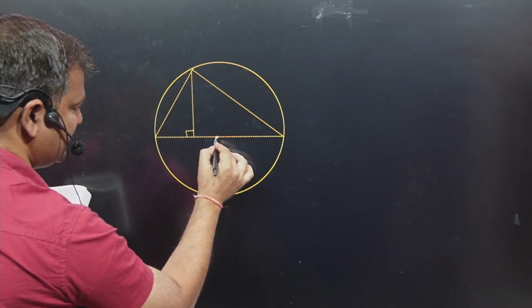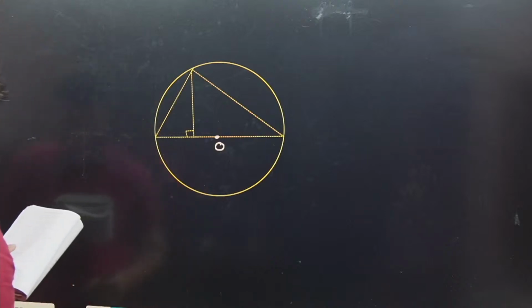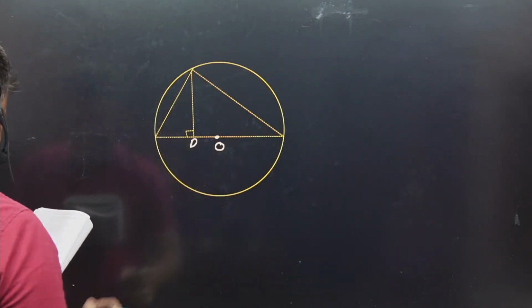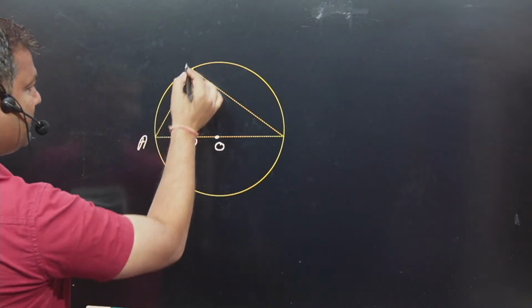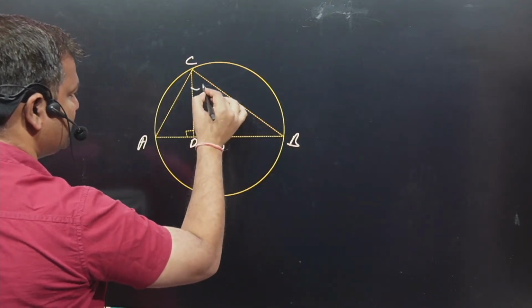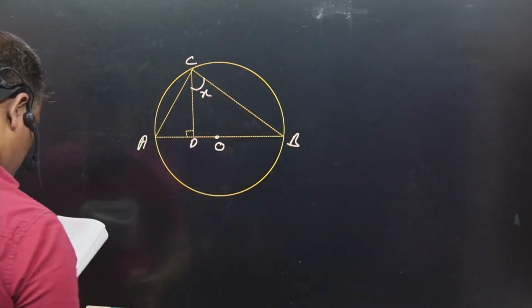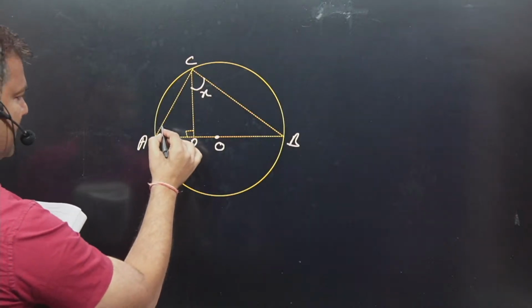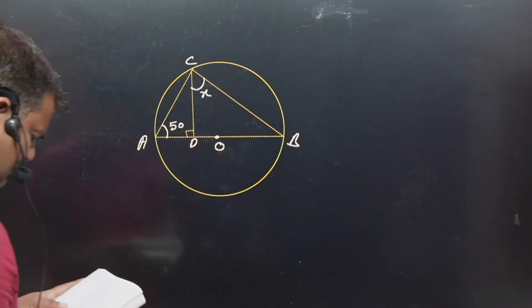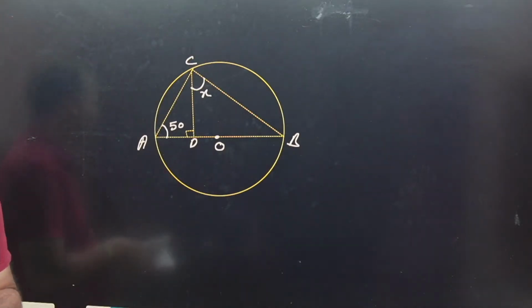Here O is the center of the circle. This one is not the center of the circle, that point is D, and here A, and here C, and here B. So our target, what about x? And this one is 50 degrees. Okay, how can we do it?